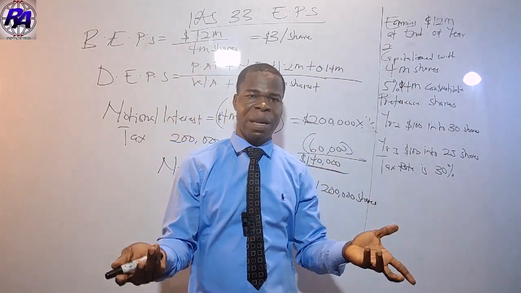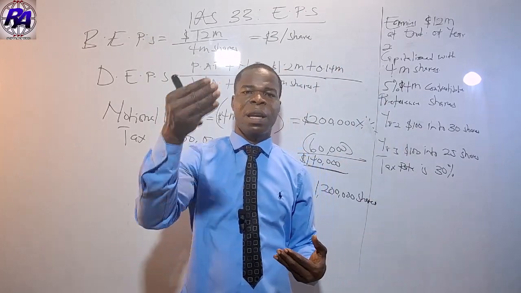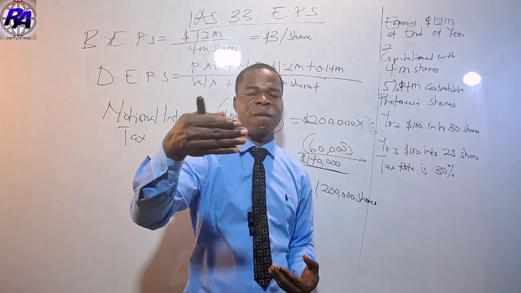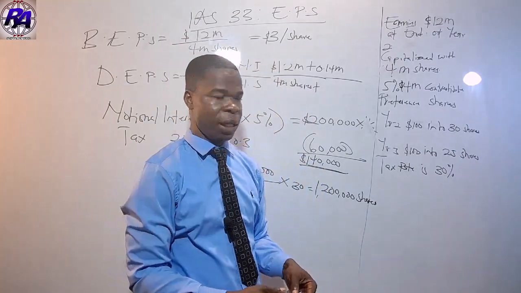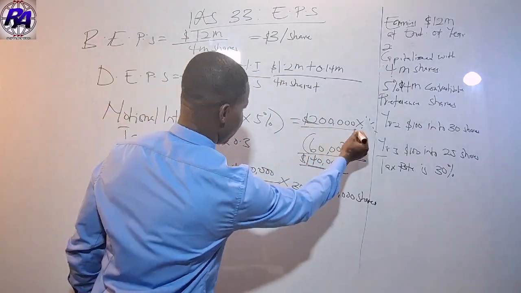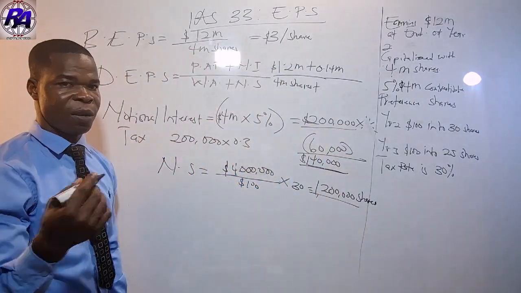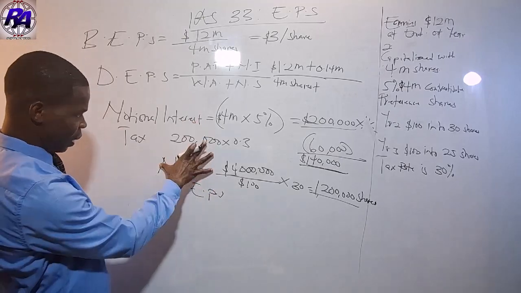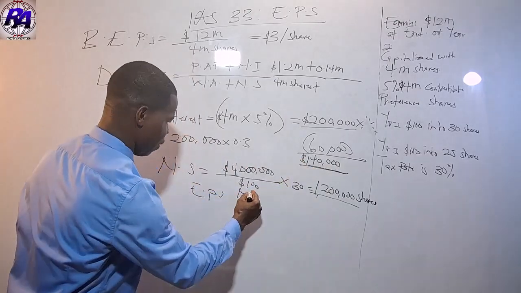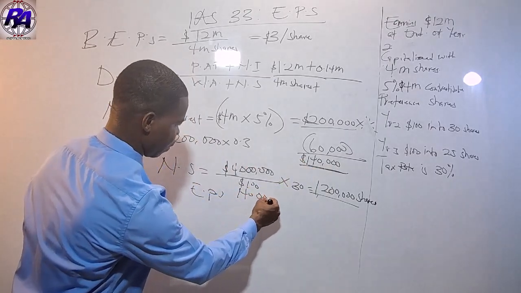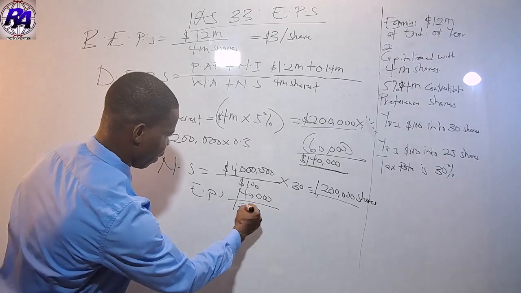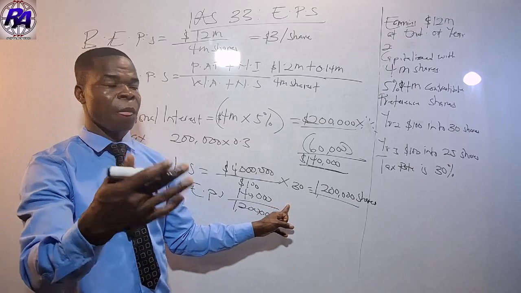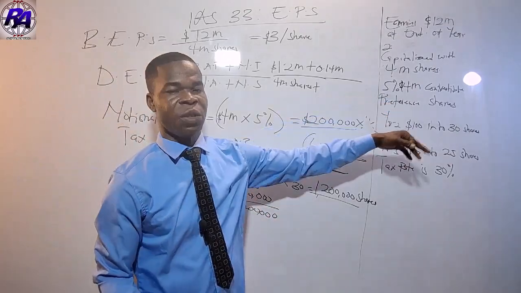How do you check if the potential ordinary shares or the warrant or the options that we have in the question are dilutive? You first have to go through all this process, and then when you are done, you account for them separately. So here you can look at your earnings per share for only this one, as your earnings here, which is 140,000, all divided by your 1,200,000. I'm doing it separately to check if the preference shares are going to be dilutive.